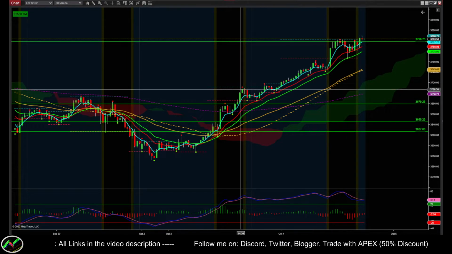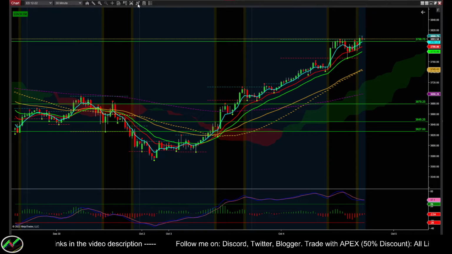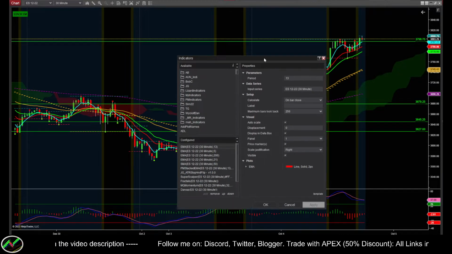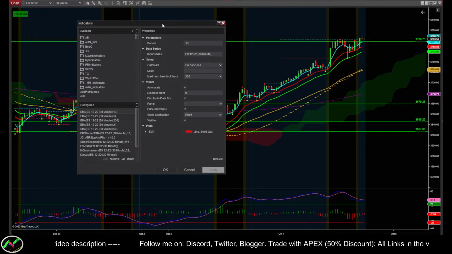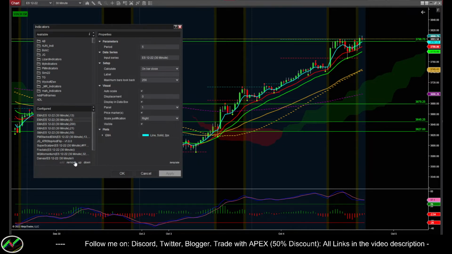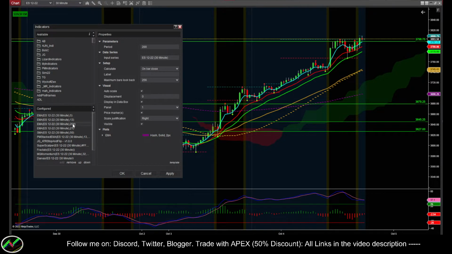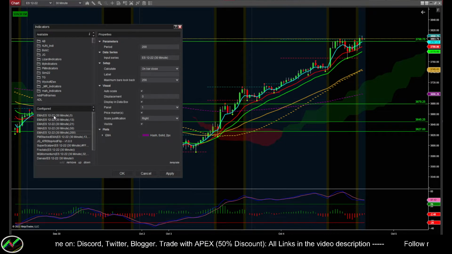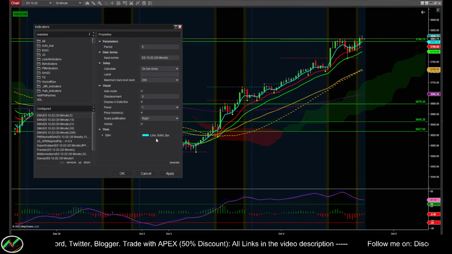So let's open the indicators that are set up in here. I'm going to put them in order so I can explain it better. I'm going to move this one up and this one down. So you have here the EMA, this blue line or cyan is the 5 EMA.